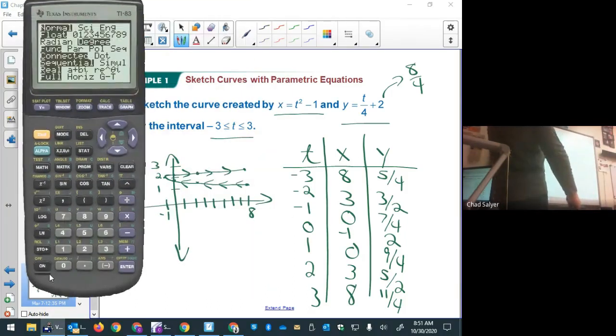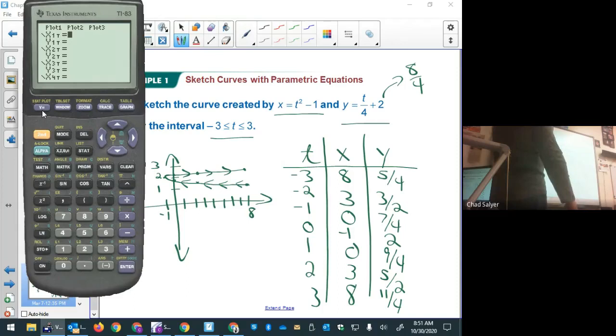So be prepared to do this. Go to mode, change from func to par, and then hit y equals. Notice you got a different interface here. To get the old interface back, you need to go back to func. Mode changes the graph from func, F-U-N-C, to par, P-A-R. Hit enter. So x is, notice if you hit the x button, that becomes t.